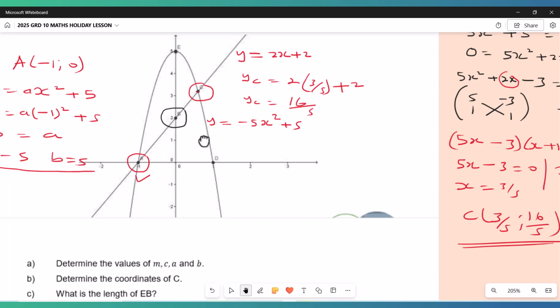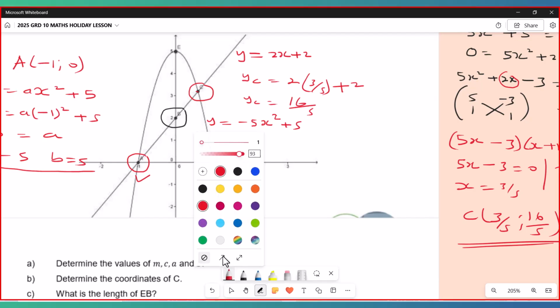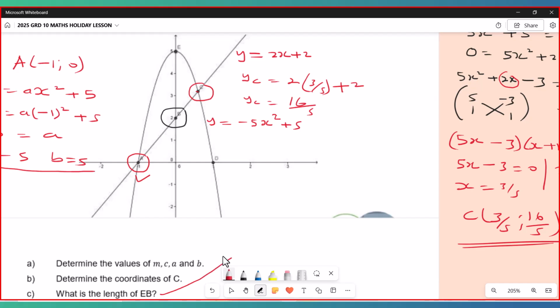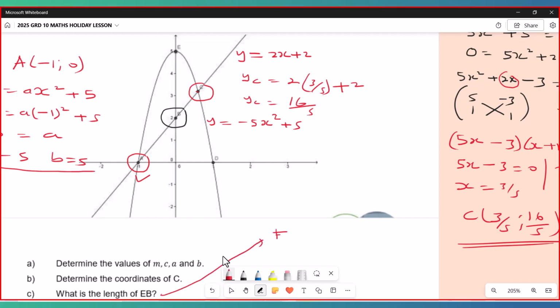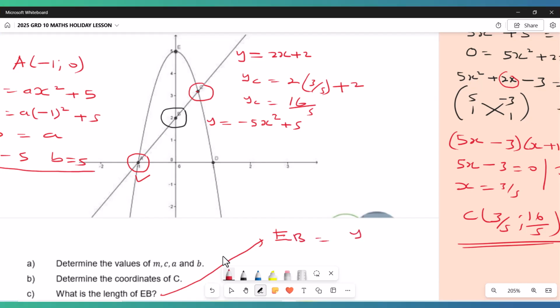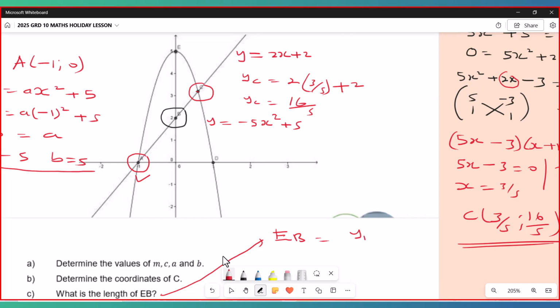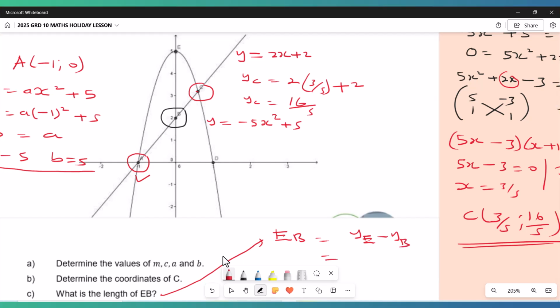So the length of EB, this one here, is EB, okay? You're going to say EB equals the y on top, which means y at E, minus y at B. So the y at E, we have the 5, ne?